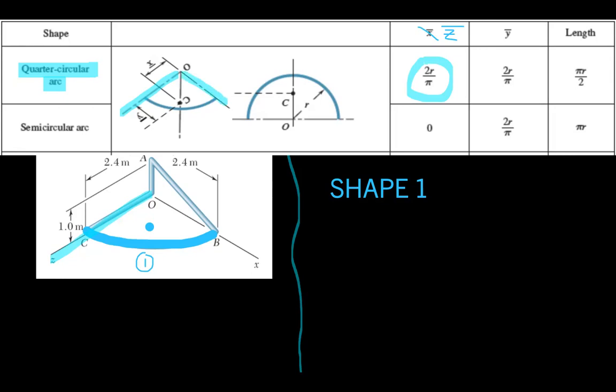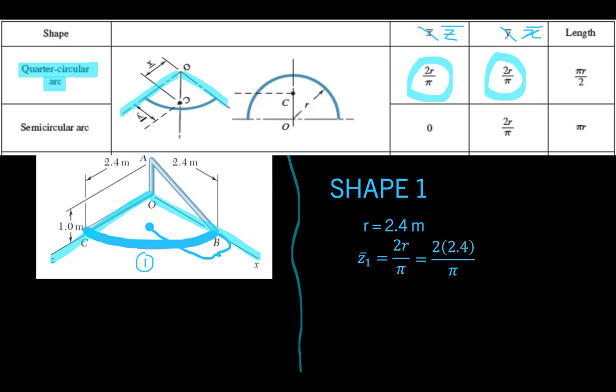Similarly, the Y bar in the diagram will be replaced with X bar. And that will be the 2R over pi as well, where R is 2.4 meters. So Z1 bar is equal to 2R over pi, which is equal to 2 times 2.4 over pi. And then X1 bar is equal to 2R over pi, which is equal to the same thing.